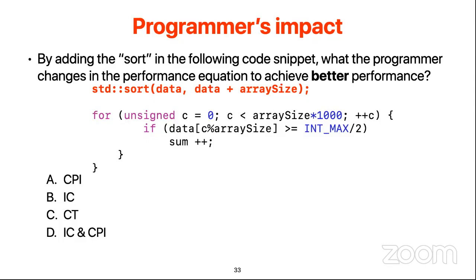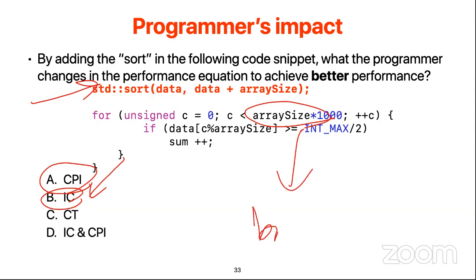The reason why this version has more instruction count but better performance is because it has lower CPI. We know this for sure at this point. However, the reason why we have lower CPI is because the branch prediction accuracy is higher, right? So that's the magic of the programmer.